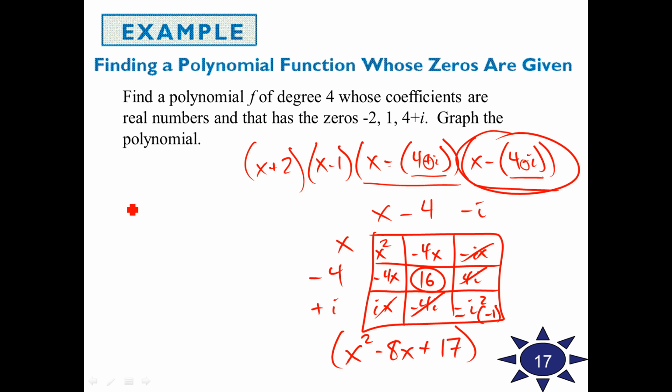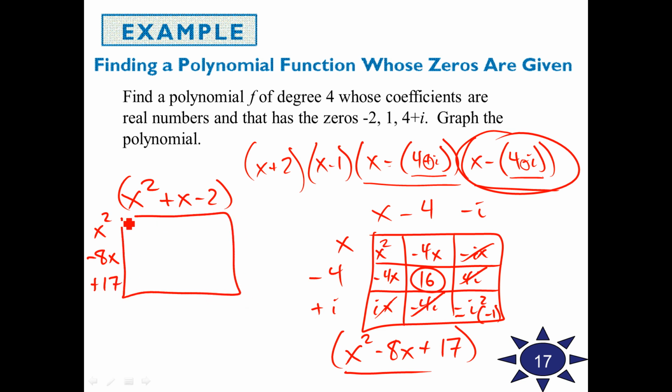We also need to multiply x plus 2 and x minus 1. So that's going to be x squared plus x minus 2. And now we need to multiply these two together. So we're going to have a big polynomial. x squared minus 8x plus 17. We'll use the box method again.